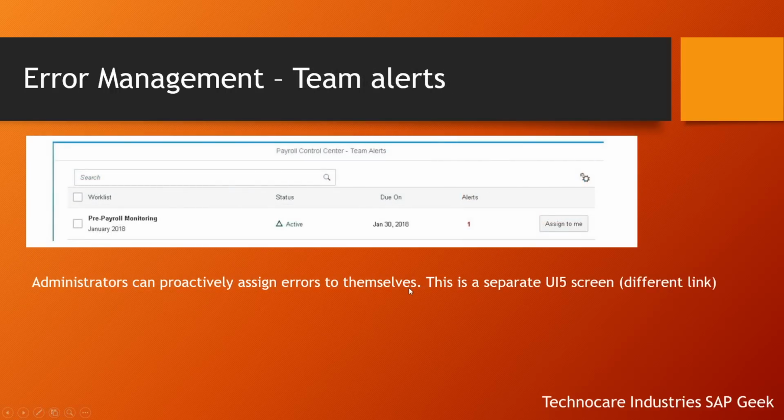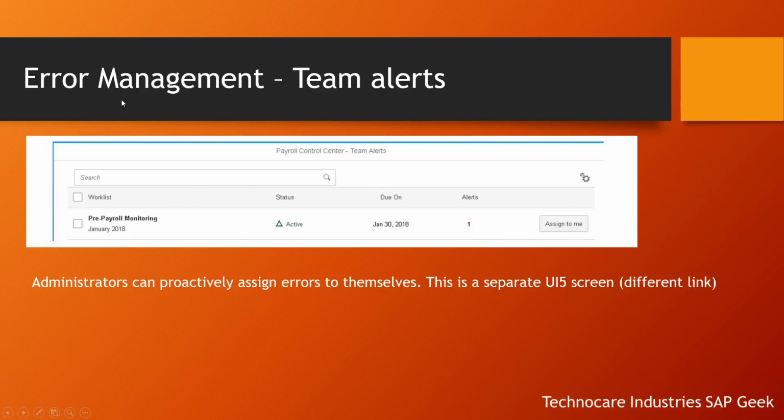One more UI is there for payroll administrators. It is called team alerts. Let's say an alert is not assigned to anyone. We have seen the payroll manager screen where the payroll manager goes and assigns the unassigned alerts to the respective payroll administrators. There is also a UI for team alerts, wherein if the administrator is in a particular team for which a list of alerts are generated for any process, he can assign the alerts to himself.